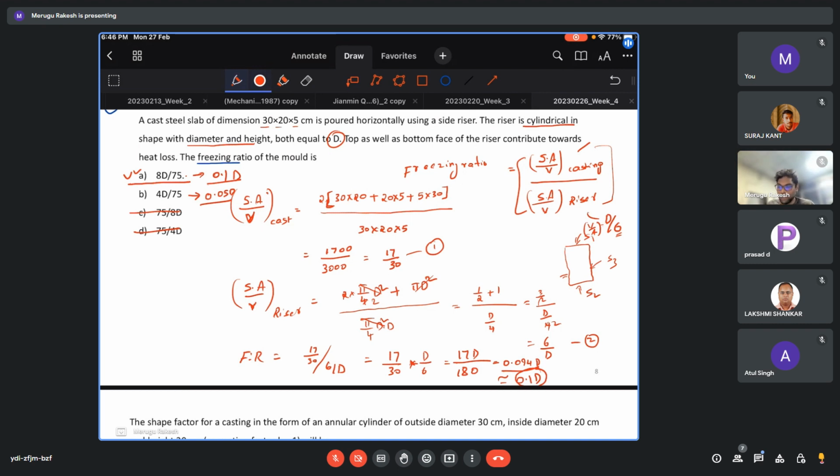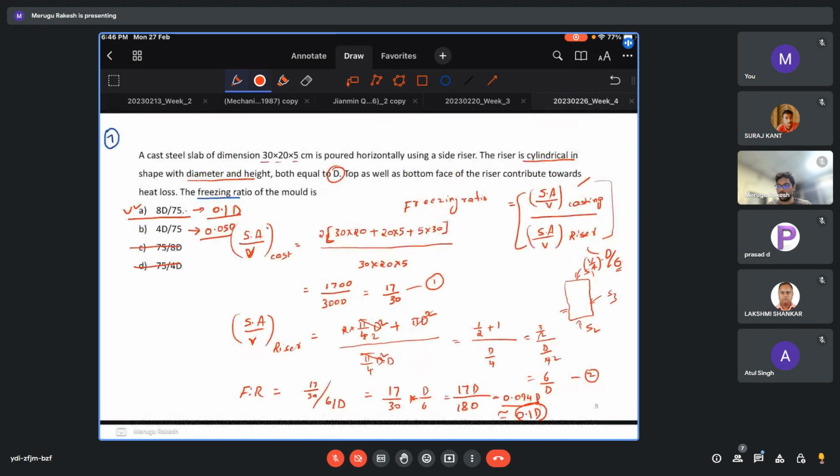Okay. If you have any doubts, you can spend some more time also. So in this case, if you remember for a cylindrical side riser where H is equal to D, the surface area to volume ratio or volume to surface ratio is D by 6. And this D by 6 is the same for a sphere, that is volume to surface area ratio.